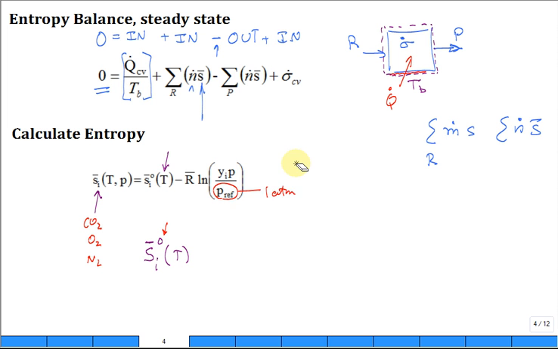So every term you have to grapple with. What's R bar? That's an easy one: the ideal gas constant, 8.314. And so this entropy is a function of temperature and pressure, or you might think of temperature, mole fraction of the species, and gas pressure. But it's a function of temperature and pressure.